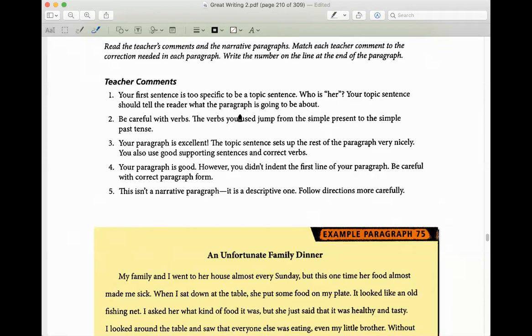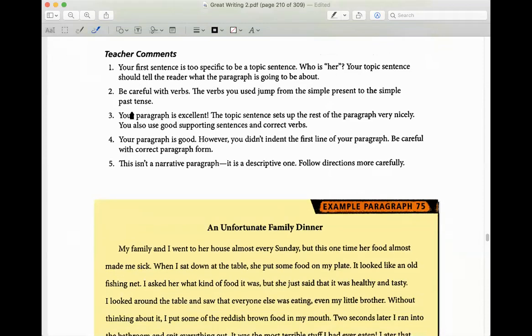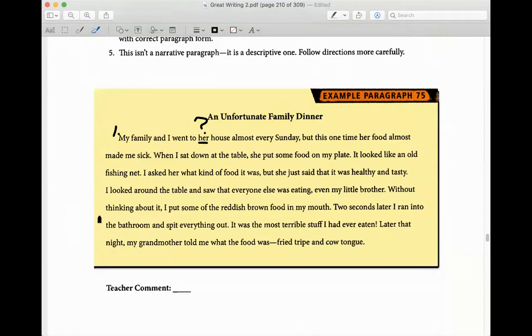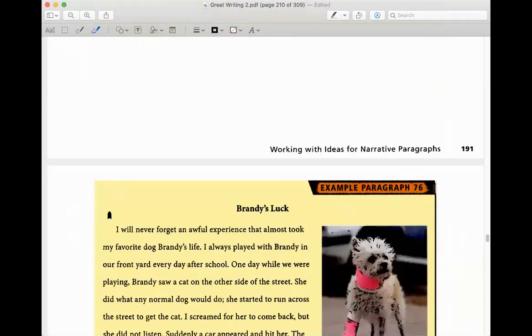Who's her? Your topic sentence should tell the reader what the paragraph is going to be about. So then, of course, that's related to this one. My family and I went to her house. Yeah, who is this? You can't just do that. So you would need to start by, in the topic sentence, giving us some background and letting us know who you're talking about. Okay, and you can continue like that.